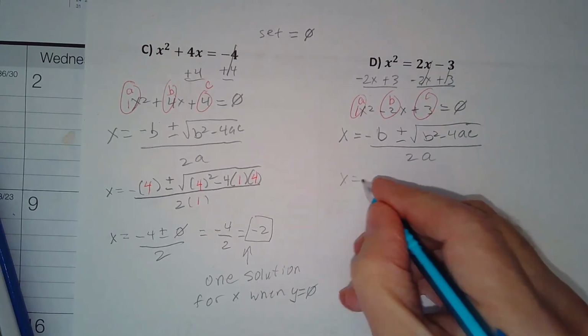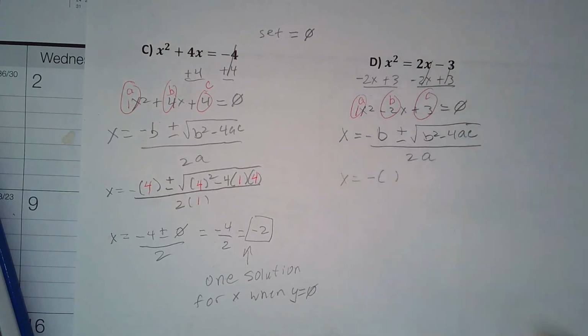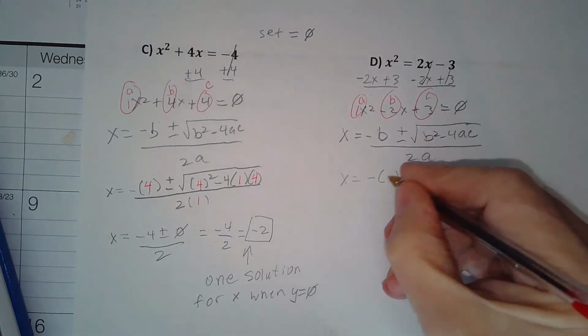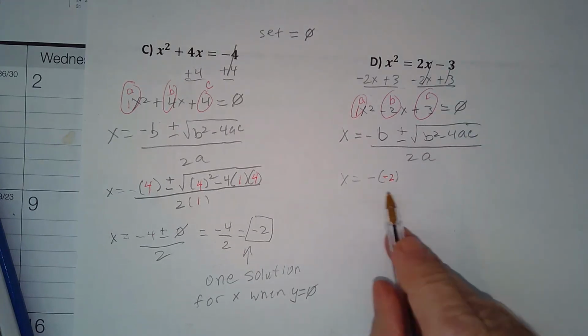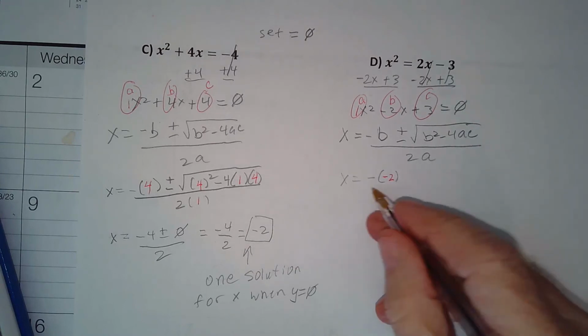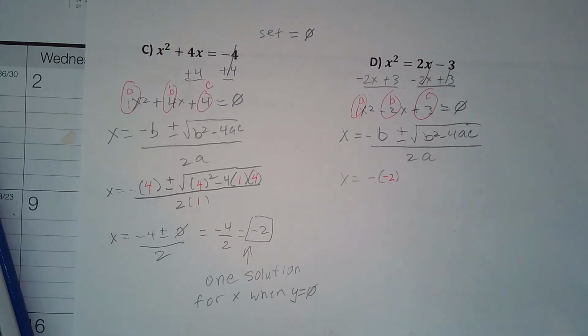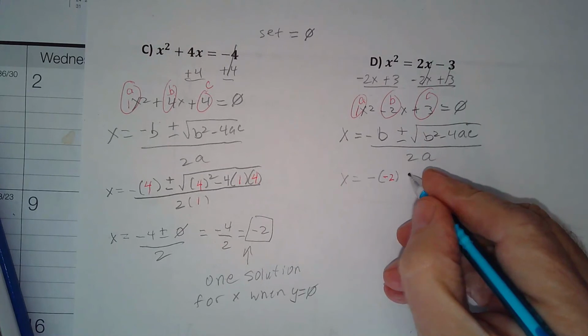X equals negative parentheses, and our b is negative 2. Now this is where it becomes really important to have parentheses. Negative times negative is positive. This is basically the opposite of negative 2, so that's positive 2.